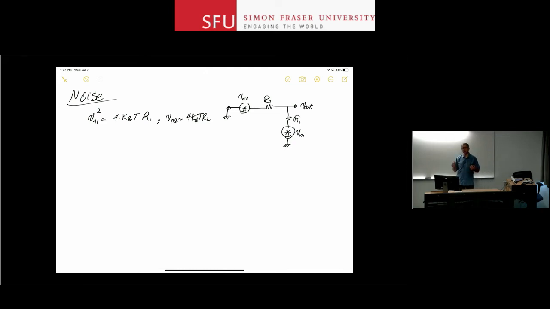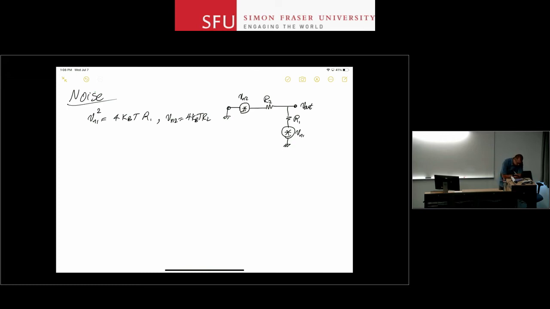Now, what is the noise at the output? If I'm measuring the noise at the node labeled output, or V out, what do I measure? If I consider the noise sources to be voltage sources, I can use superposition. Everything here is linear.